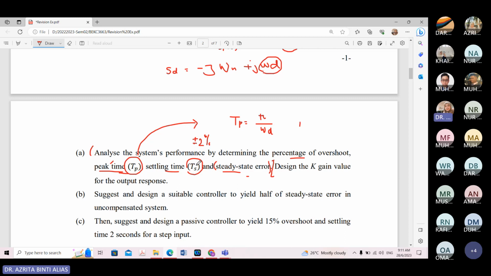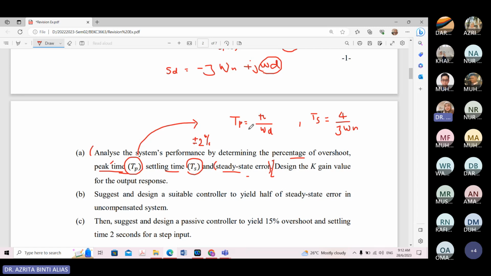And then we also have TS. The formula for the TS for plus minus 2% is given by 4 over zeta omega n.